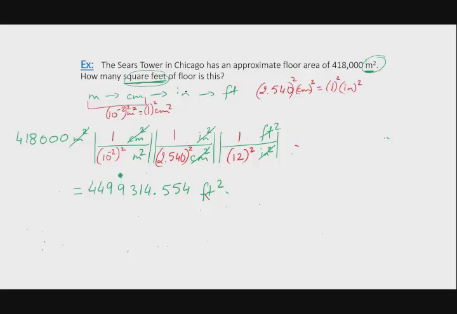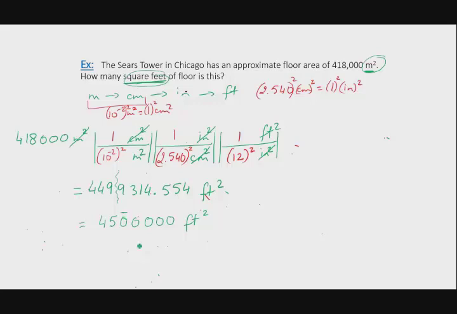In other words, we need to round this right there. So this answer can be written as 450,000 feet square, but it has to be in 3 significant figures, so I can put an over bar on that 0, which makes it 3 significant figures.